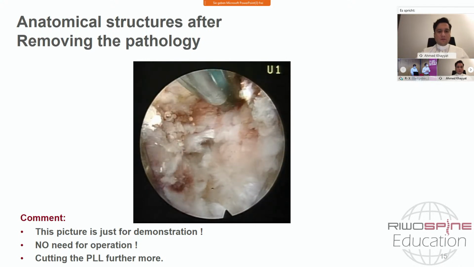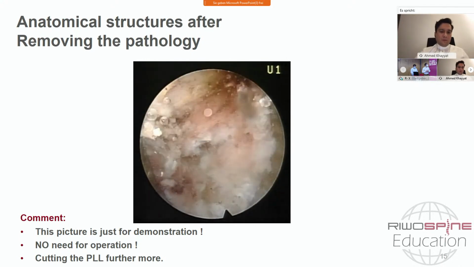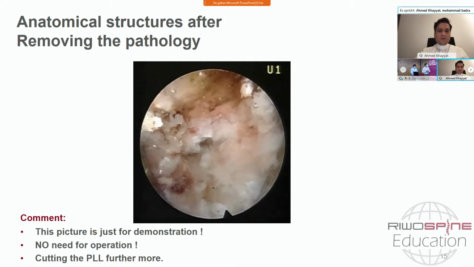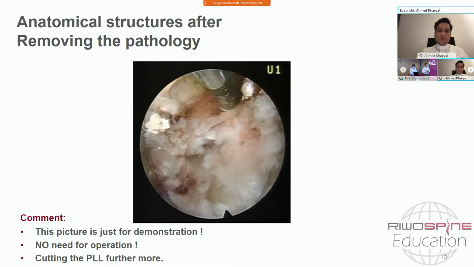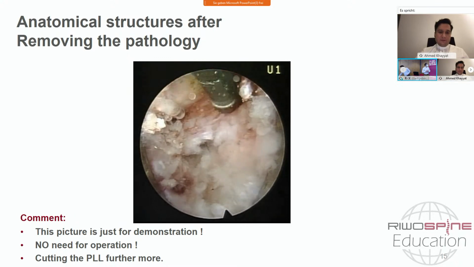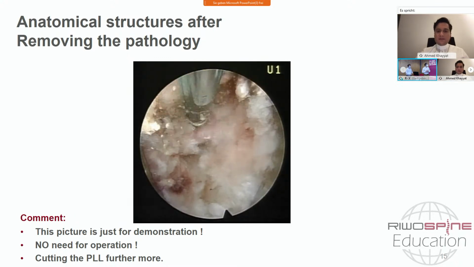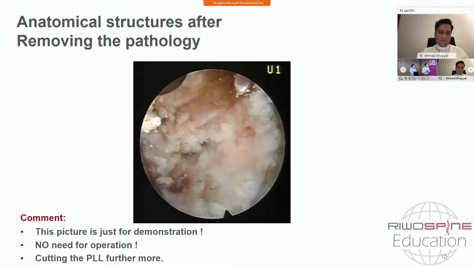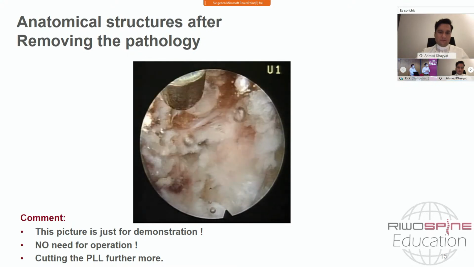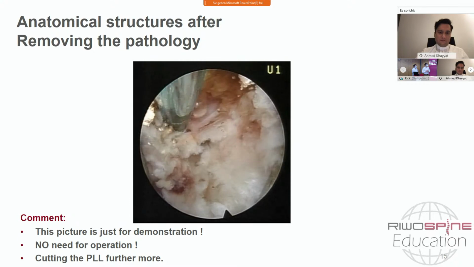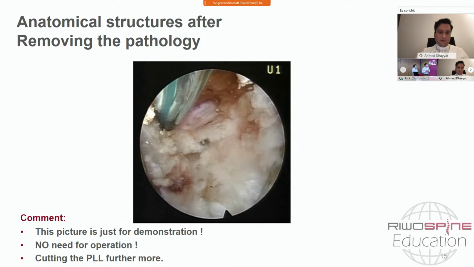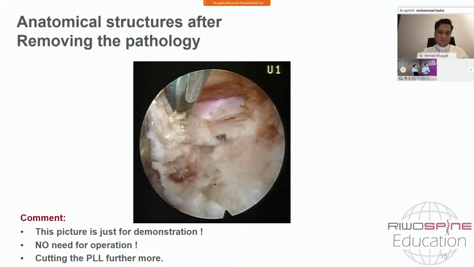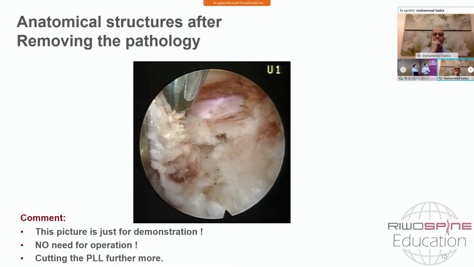And this is after removal. If you go more medial, you will see also the traversing nerve root and the epidural fat. And here down at the 6 o'clock is the disc. And now here in the middle is the traversing nerve root, and above it the epidural fat.